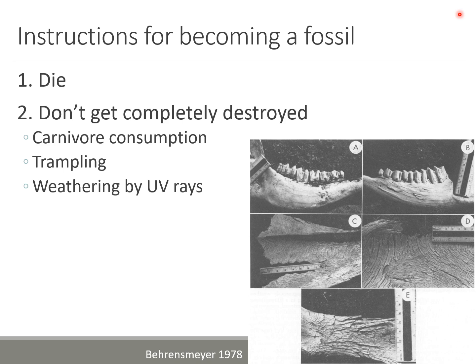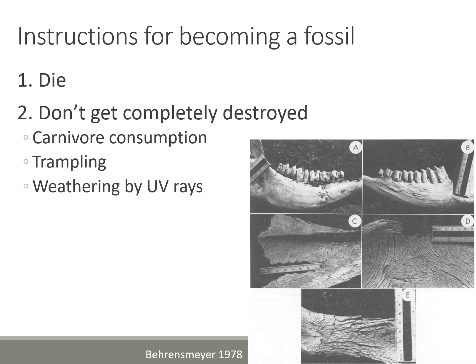But what happens is when a bone is exposed to UV rays from the sun, okay, the UV rays break down the collagen, okay? And then if you can see here, what happens is you start getting fine cracks, okay? You start getting flakes forming, and then eventually the bone starts splintering, becomes this fibrous texture, okay? And eventually it just falls apart.